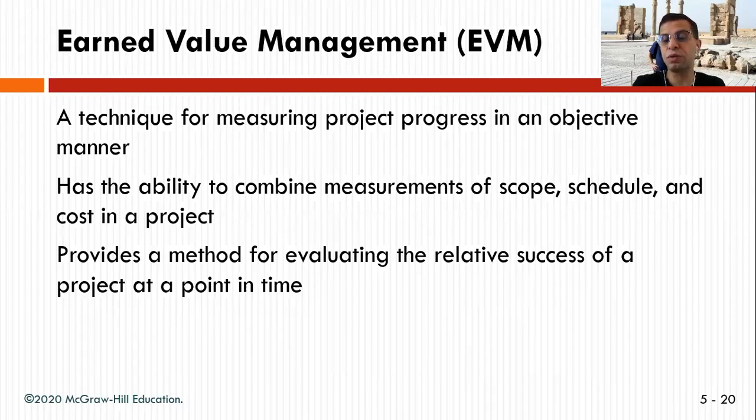If you want to minimize the cost, you probably want to minimize the time or the scope also. This would be a duty of the project manager to work on that detail. And it also provides a method for evaluating the relative success of a project, as we said.